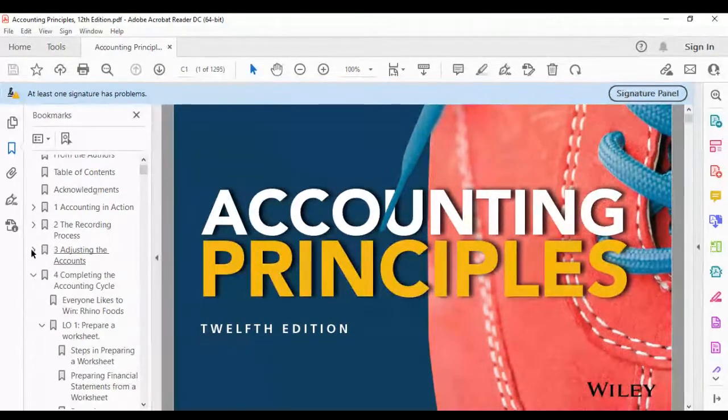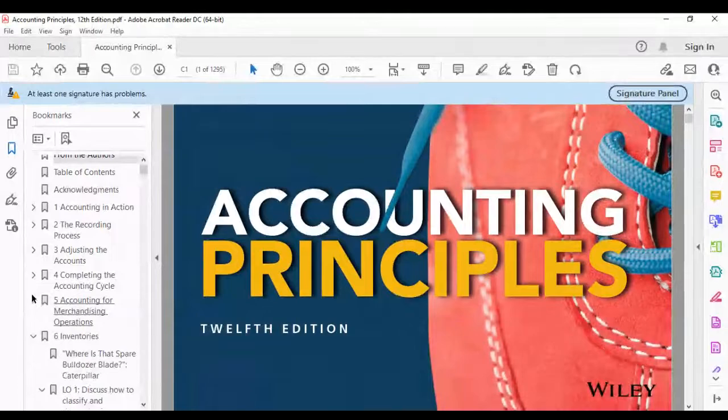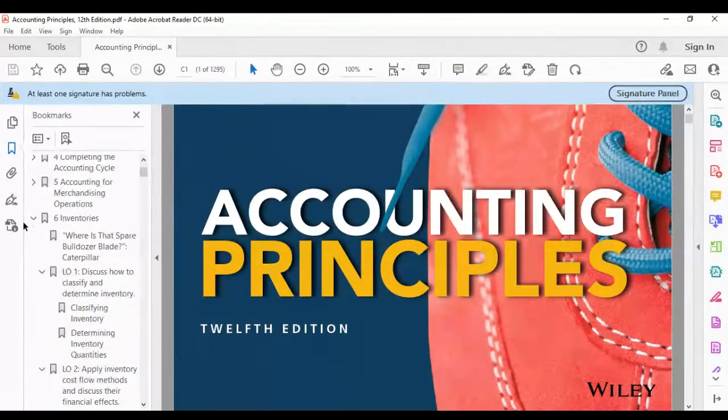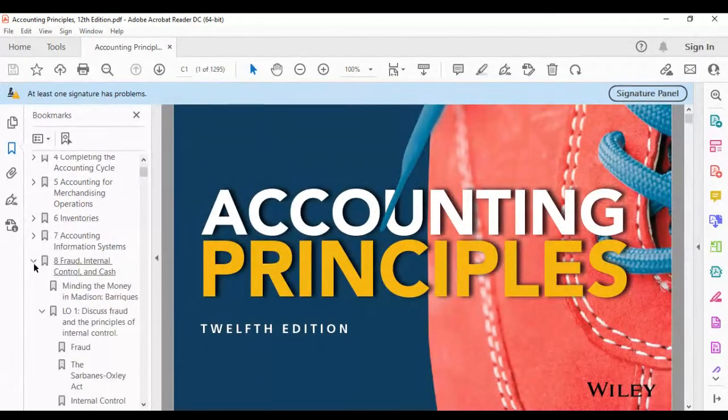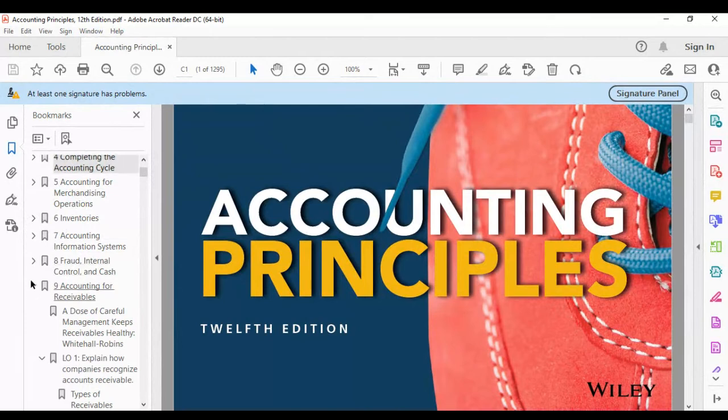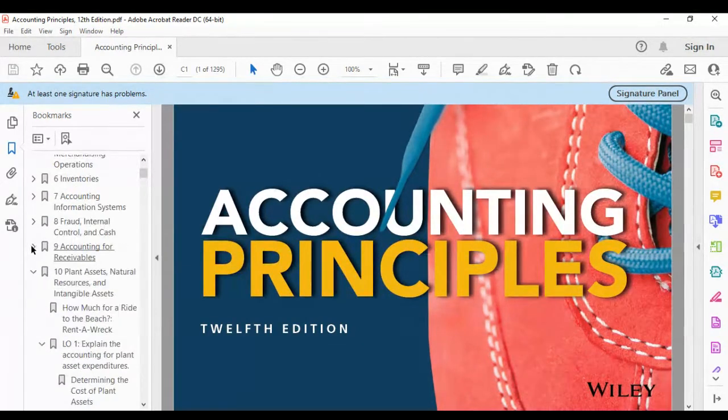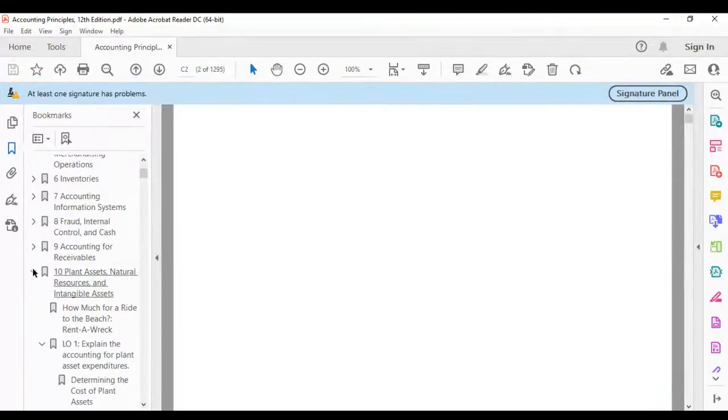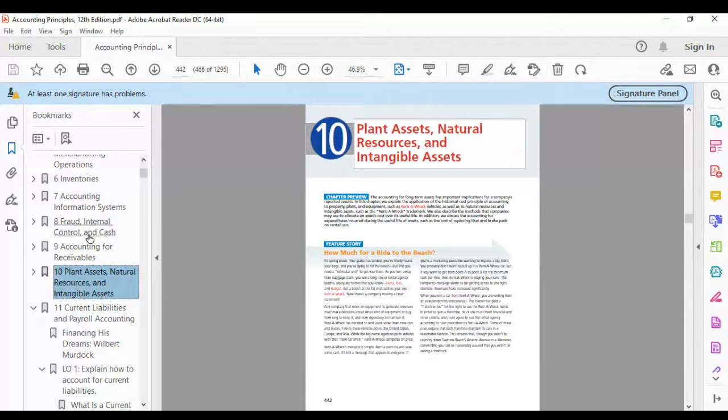Chapters 1, 2, 3, 4 are the chapters which you have already covered in Accounting 1. In Accounting 1, it was up to chapter number 9. Now we'll start from chapter number 10. This is where we'll start for Accounting 2.